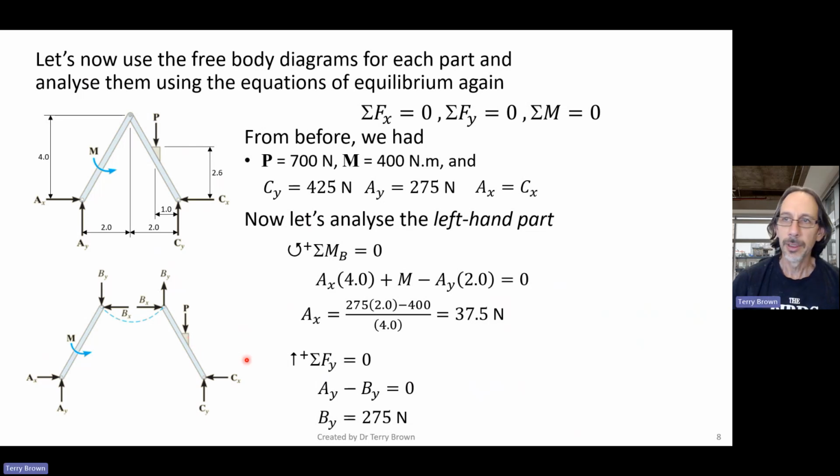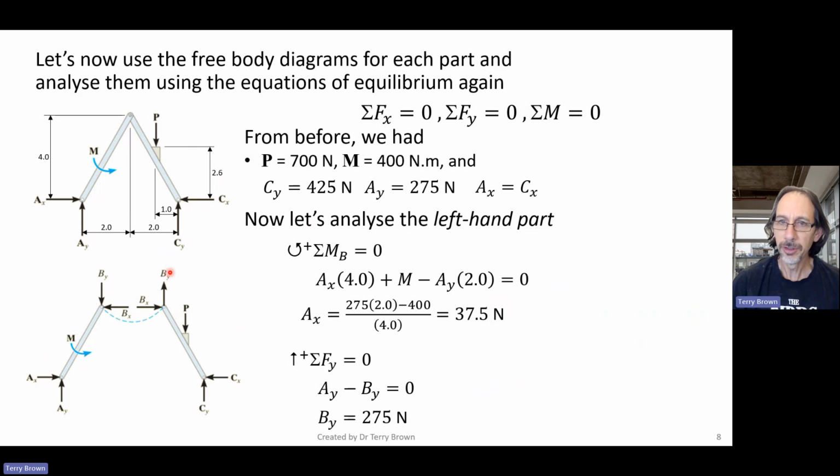Now, I'm not sure if I've written this somewhere coming up, I can't remember. For point B here, when I drew the forces and their senses, I got the sense correct, so my answers came out positive. As I recommended previously, if you get a negative number here, do not go and change your free body diagram.